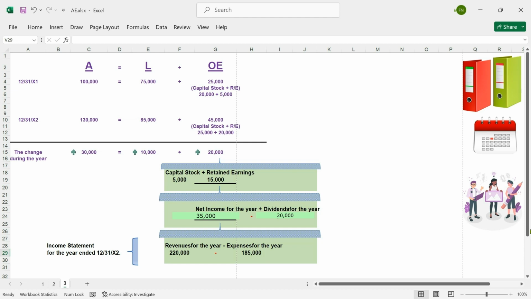But maybe we could expand the description of the change in owner's equity, or how much was financed by the owners, by remembering that owners provide financing or assets to a business one of two ways, either by making additional capital contributions or by allowing the additional earnings in that year to be retained in the business.